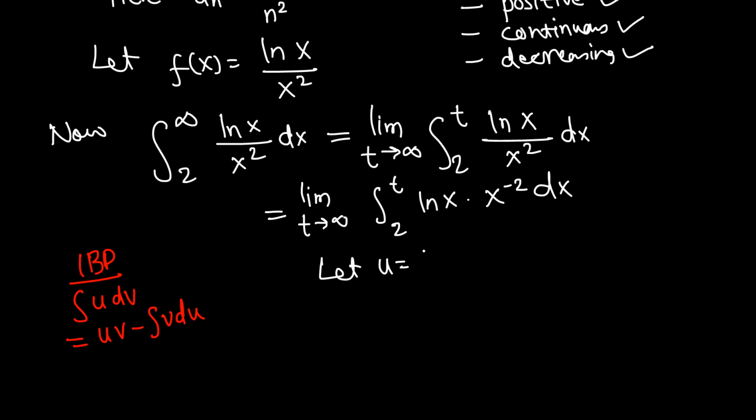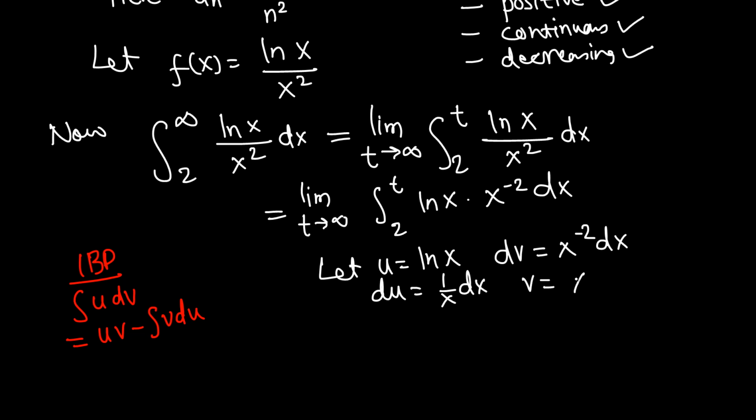Let u be natural log of x and dv be x to the negative 2 dx. Then du is 1 over x dx, and the antiderivative is x raised to negative 2 plus 1, over negative 1.